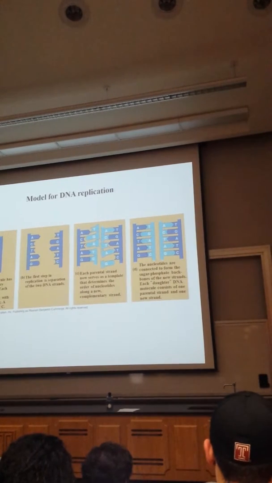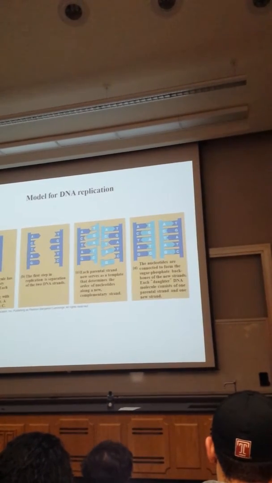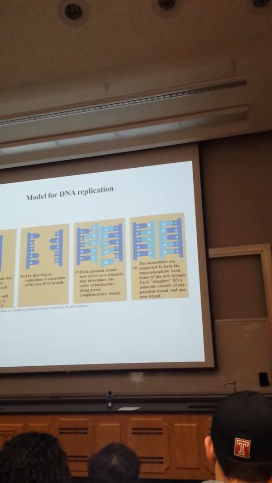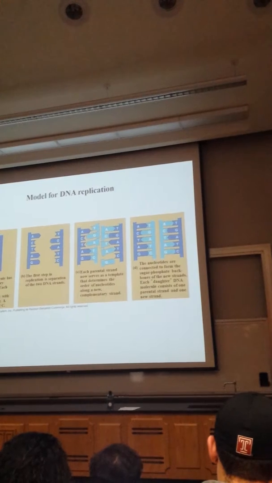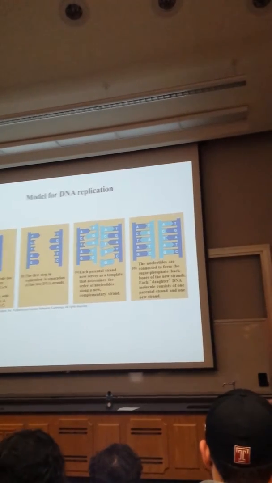This is the semi-conservative model for DNA replication. It's semi-conservative because one of the new strands is newly synthesized, and the other strand is the template strand, or the parental strand. Can I repeat anything or explain anything again?